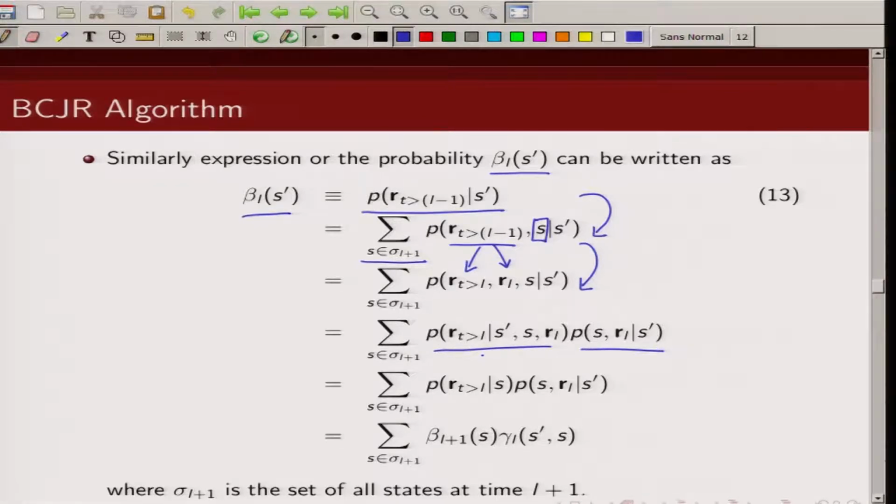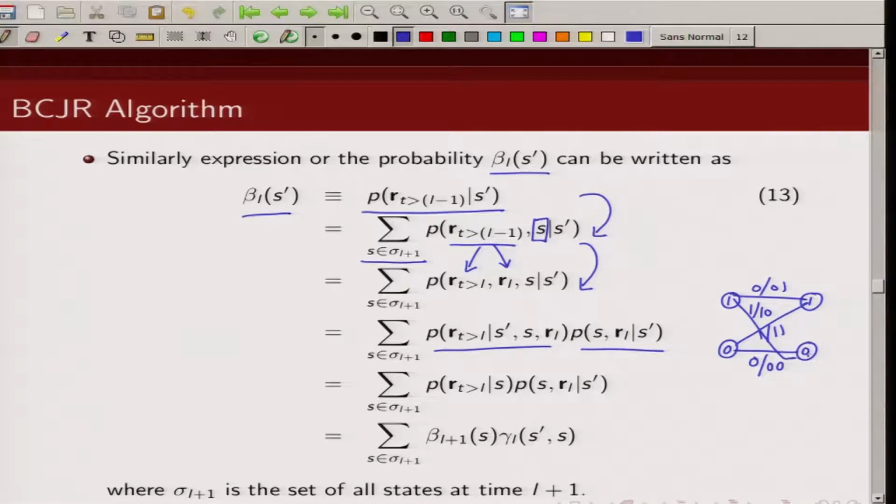And again, let us go back to our trellis section. So, this is 0 0 1 1 1, this is 1 1 0 and this is 0 0 1, this is state 0, this is state 1.